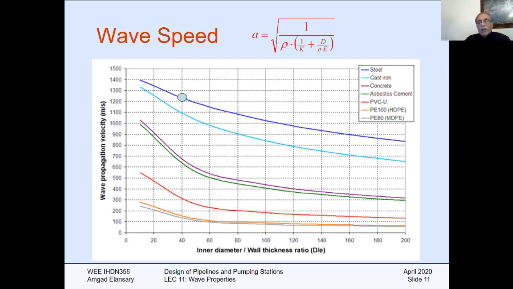So the chart is easy to use if you don't have a calculator to calculate the wave speed. In addition, all software now has this equation embedded, so it's better that you know how to calculate it properly and also how to read the chart for that.